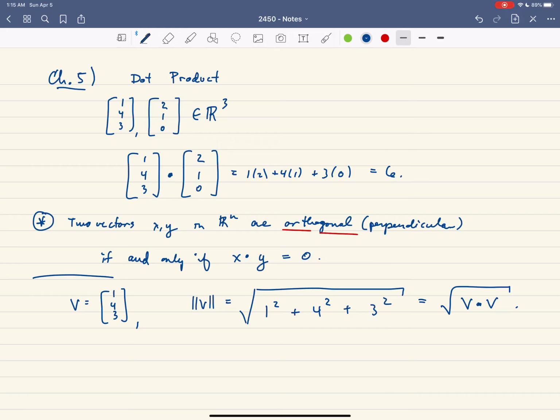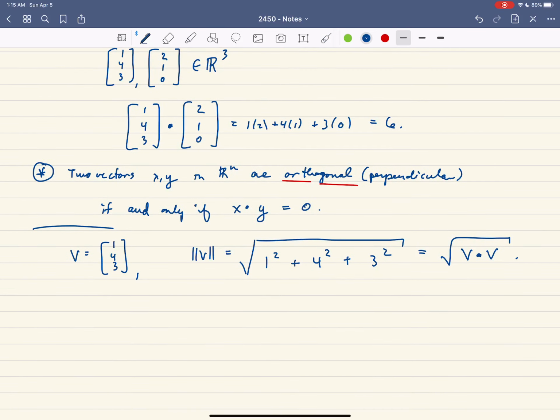Okay. I should point out, by the way, that if we were to have the vector (1, 4, 3), what we would get would be the square root of, let's see, 1 plus 16 plus 9. So that'd be the square root of 26.